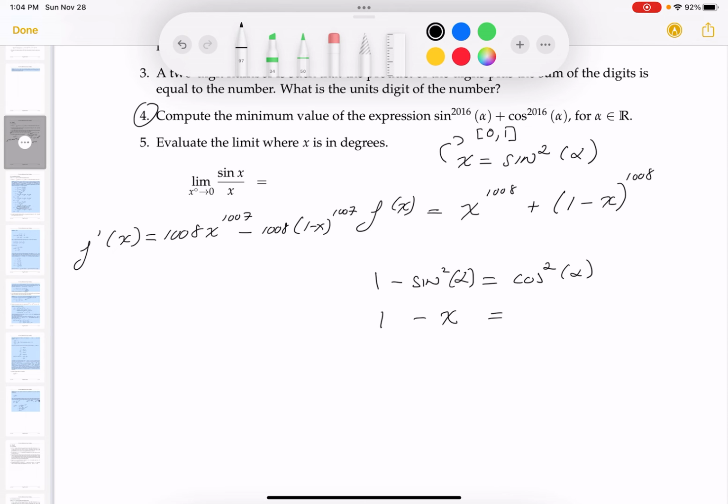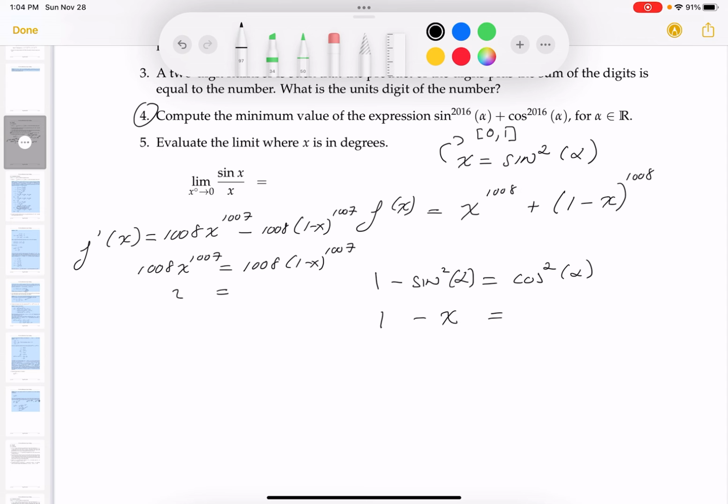I'm going to look for the critical numbers. So really we're looking for 1008x to the 1007 equal to 1008 times (1 minus x) to the 1007. All right, let's keep going.